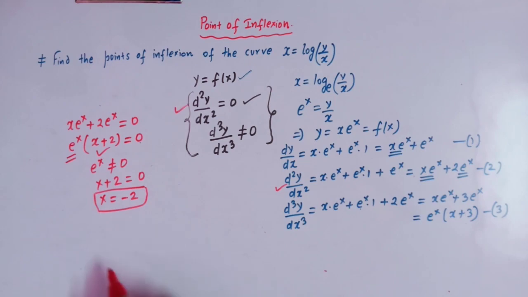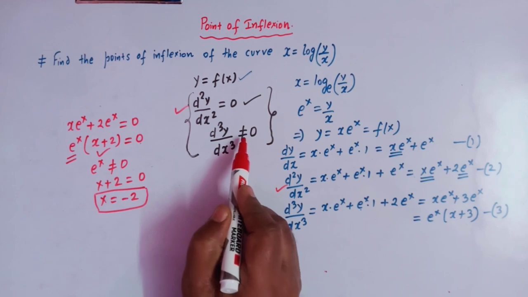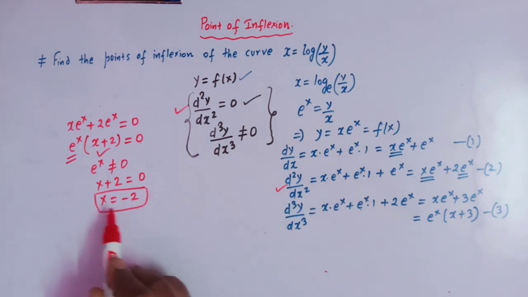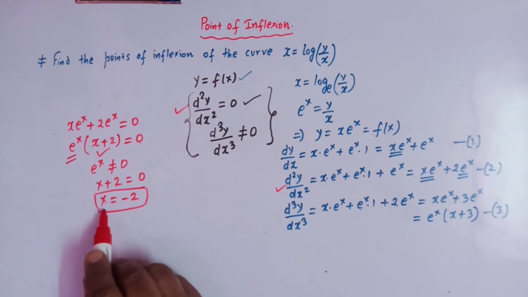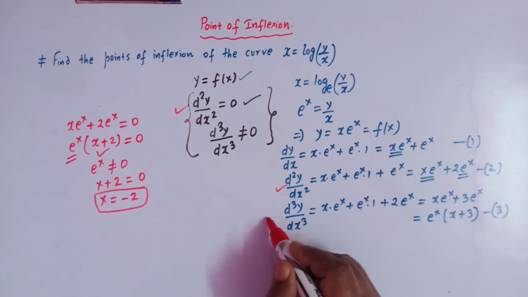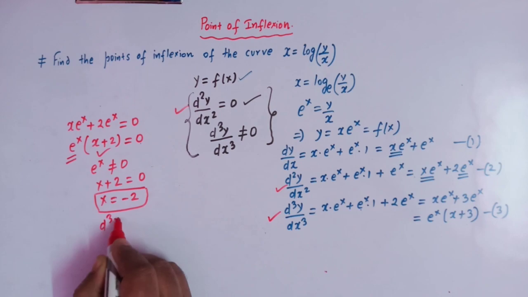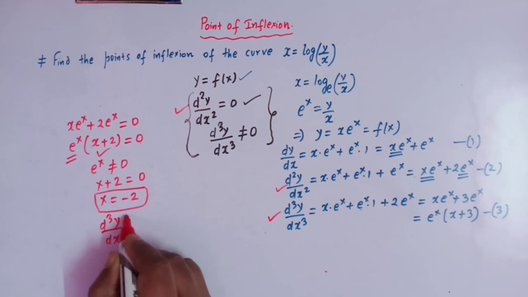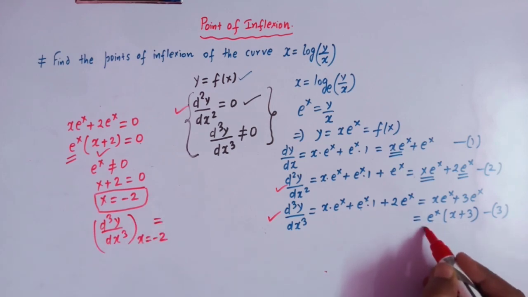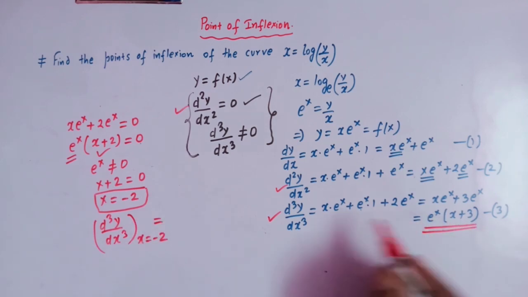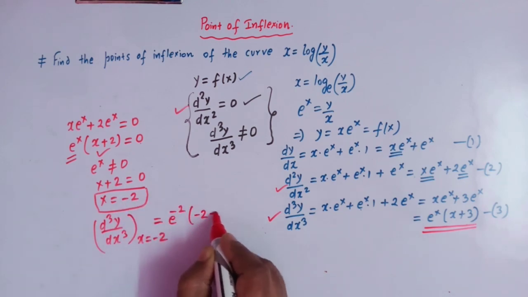Now let us test whether the third derivative is not equal to 0 at x is equal to minus 2, right? For this, we'll take x is equal to minus 2 in the third derivative. So d3y over dx3 at x is equal to minus 2 is equal to e raised to minus 2 times minus 2 plus 3.